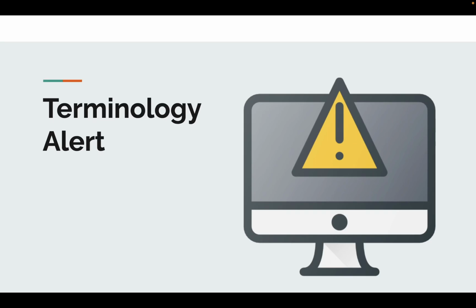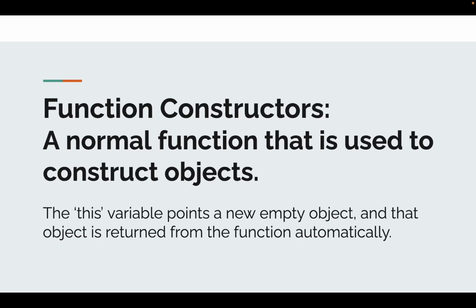But before that, we have a terminology alert. Function constructors. A normal function that is used to construct objects. So we build a function. However, the this keyword that shows up in JavaScript all the time will actually point automatically to a new empty object. And then we can add properties and methods to that new empty object. And that object is returned from the function automatically.